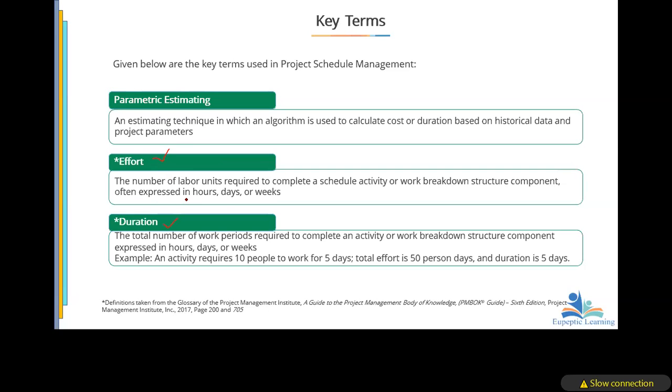It tends to confuse a lot. So by effort, we are looking at the number of labor units. So 5 people did the activity, but the activity maybe lasted for 1 hour.